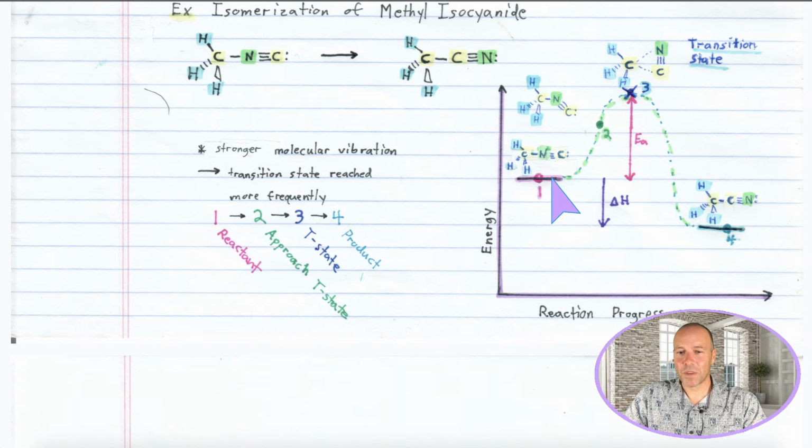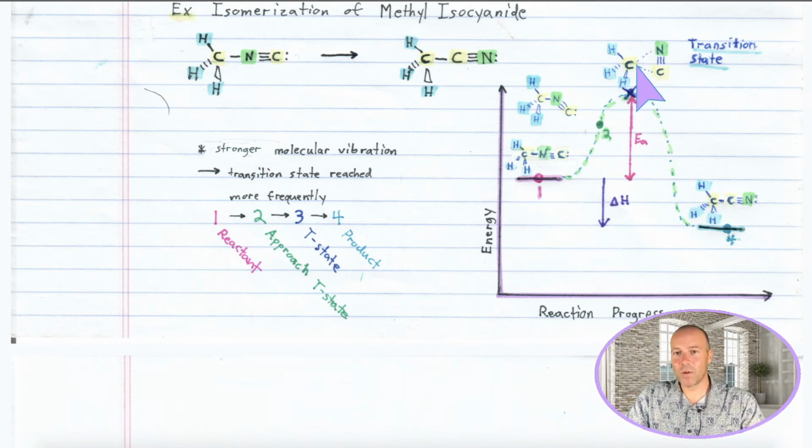Let's imagine the reaction, how it proceeds. We know the carbon-nitrogen bond needs to break, and that's going to cost energy. Okay, when a chemical reaction occurs, bonds break, which costs energy. And then we know that the new carbon-carbon bond forms, and you get that energy back. Now, the transition state for this reaction is kind of like the halfway point.